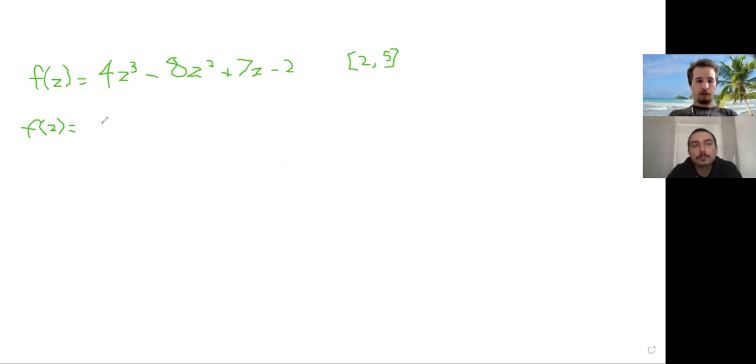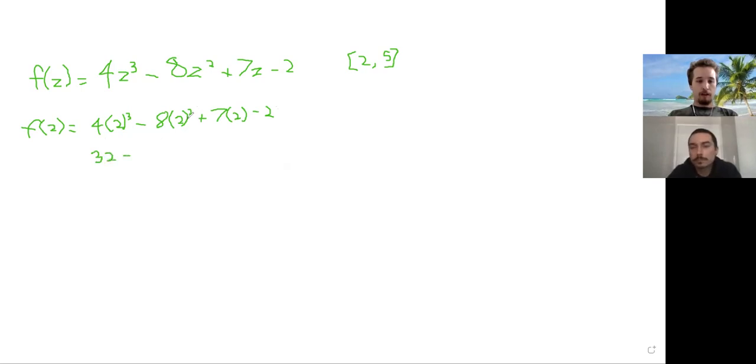So we'll start with f of 2. You get 4 times 2 cubed minus 8 times 2 squared plus 7 times 2. So 2 cubed is 8 times 4 is 32.